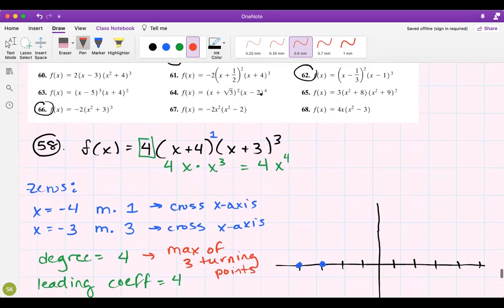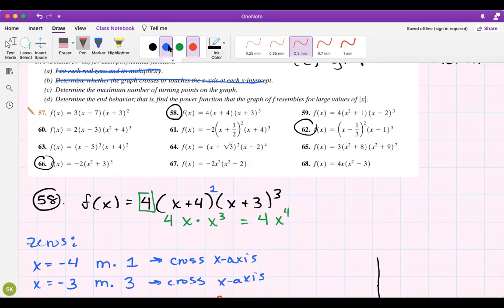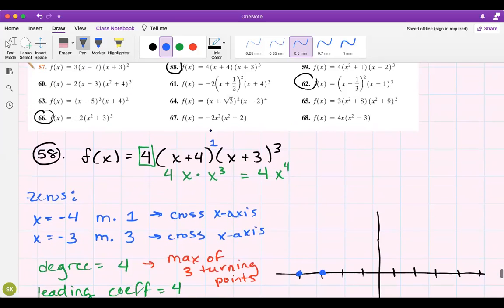The next piece, after we've determined the maximum number of turning points, is we want to determine the end behavior. And how we do that is we look at the power function. So the power function goes with this leading term. So y is equal to 4x to the 4th is the power function that's related to this graph.